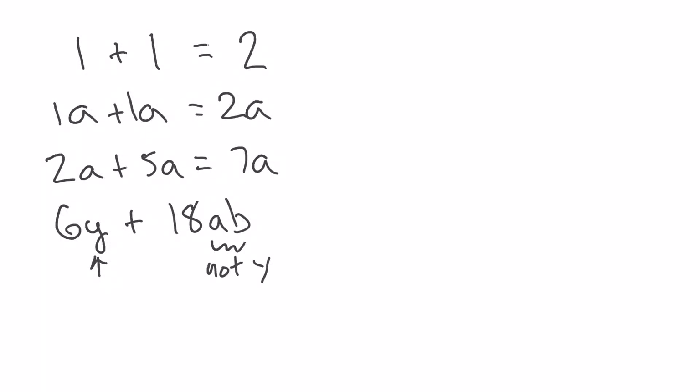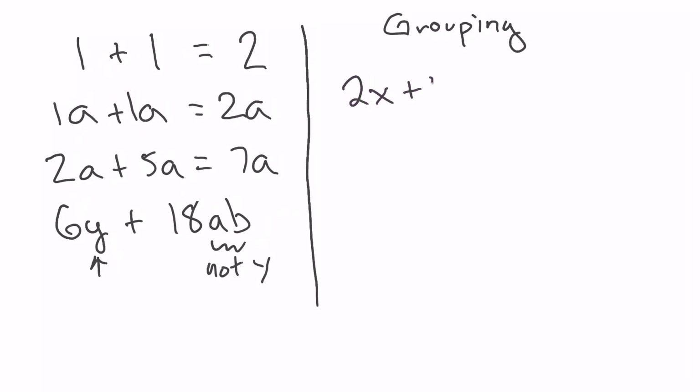Now, when we have multiple terms, we want to talk about something called grouping. Grouping is an example of combining like terms when there are multiple terms that would not all be combinable. So you have, for example, 2x plus 4 minus 7 plus x. This is an expression with 4 terms, and I could combine a few of these.